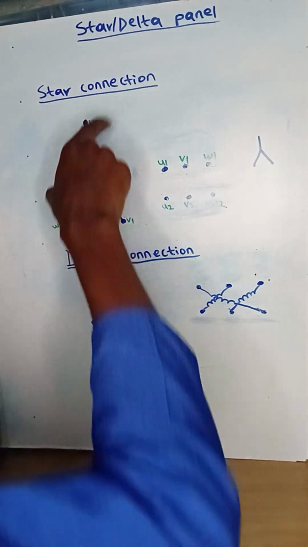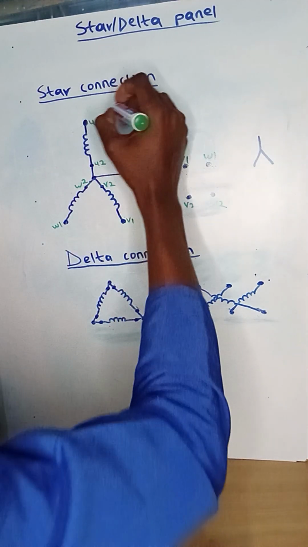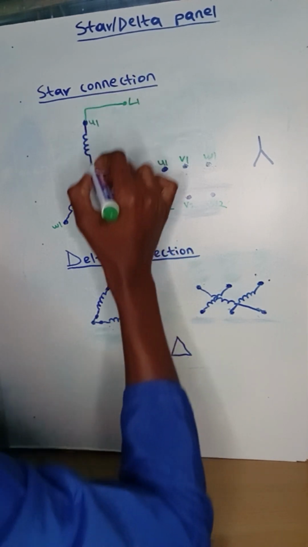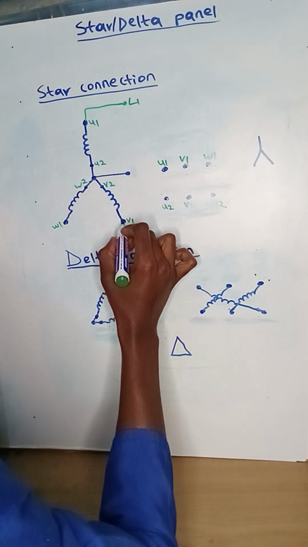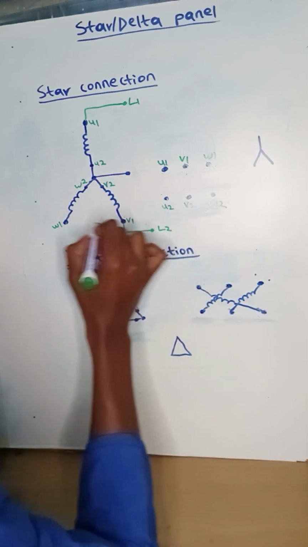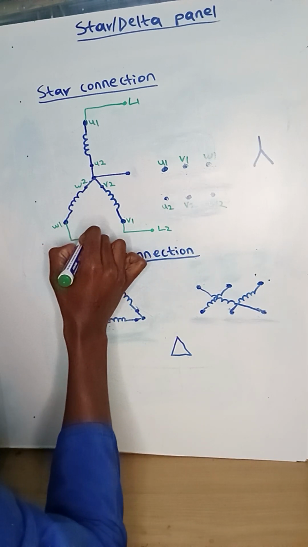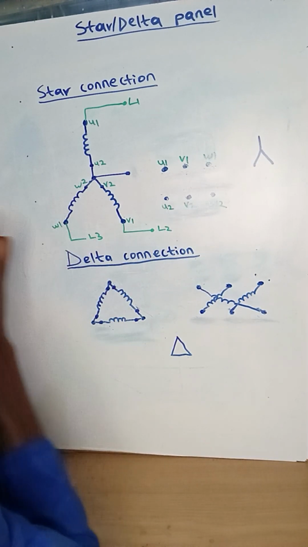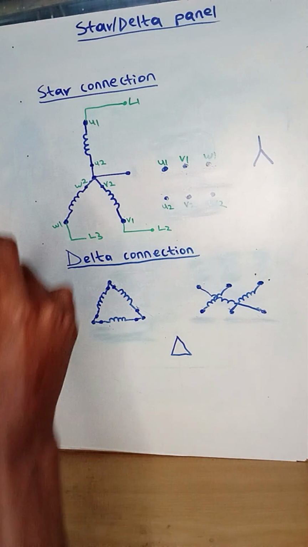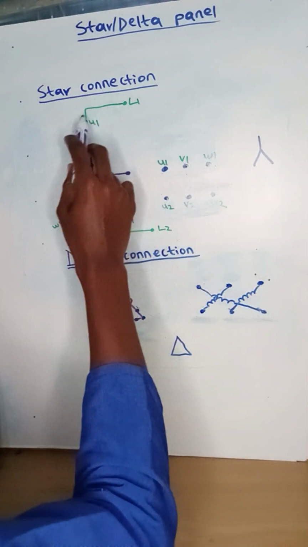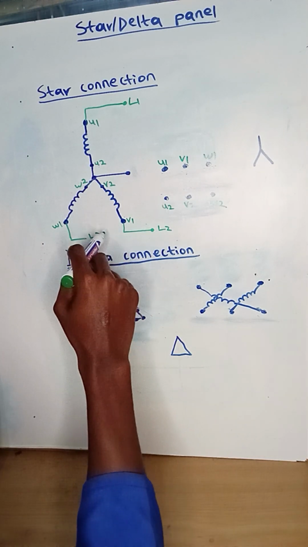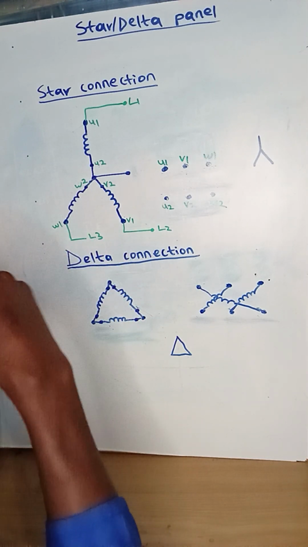So from U1, that's where you'll connect live 1. And from V1, that's where you'll connect live 2. And W1, that's where you'll connect live 3. Right. Which means line 1 is connected to U1, line 2 V1, and line 3 W1.